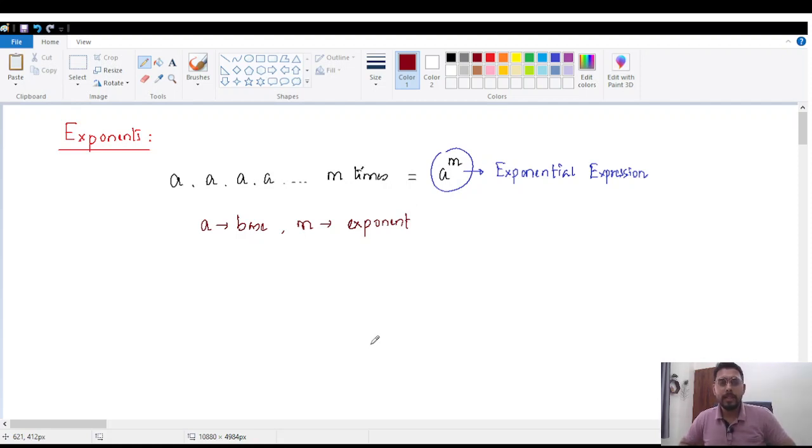So any particular term or algebraic value, whenever it is multiplied with itself m number of times, where m can be any number, that expression can be written as an exponential expression, where a is the base and m is the exponent.